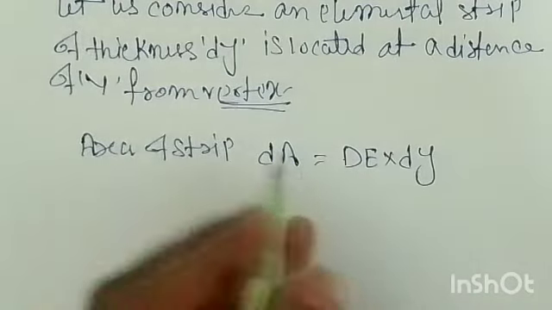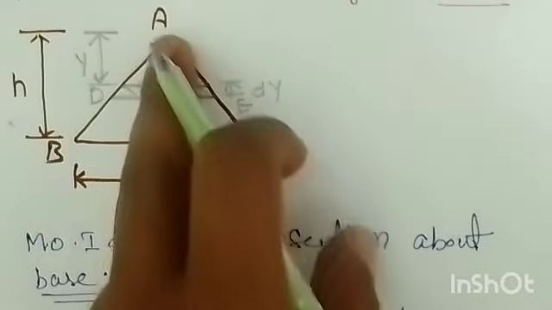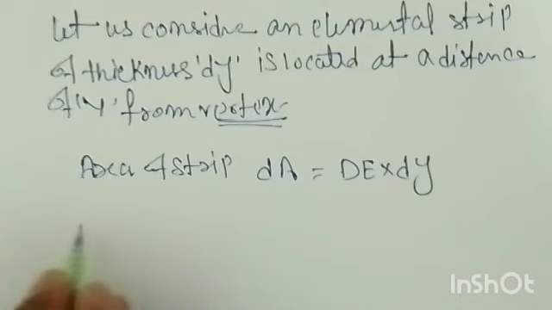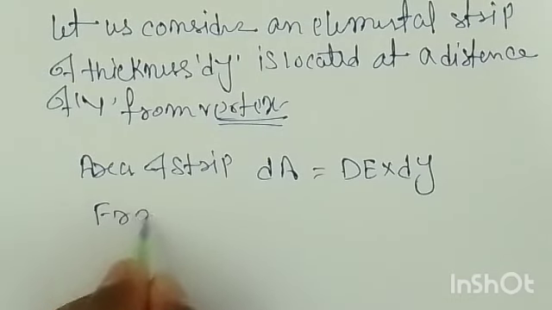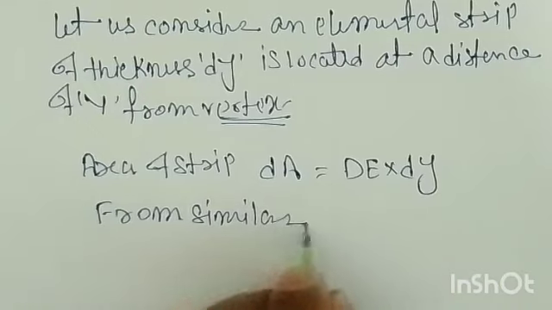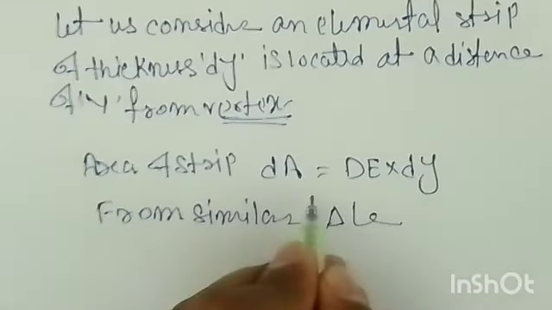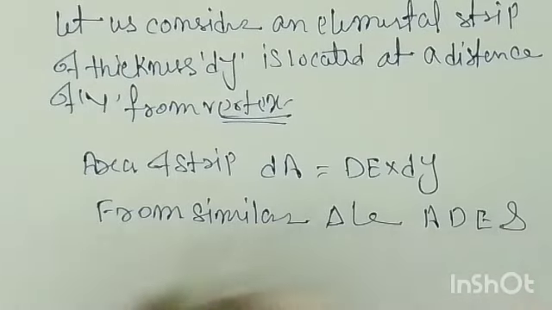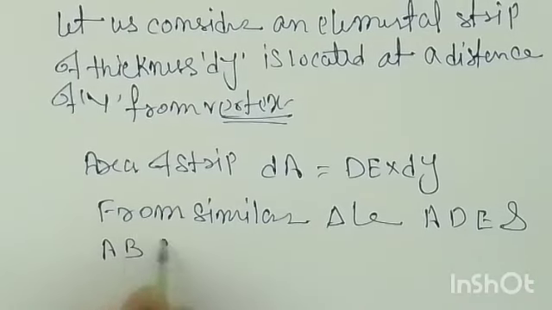Again you can see that from the similar triangles, these are the two similar triangles ADE and ABC. So you can apply the similarity law. From similar triangles, what are the similar triangles you have? ADE, okay, and ABC, right.